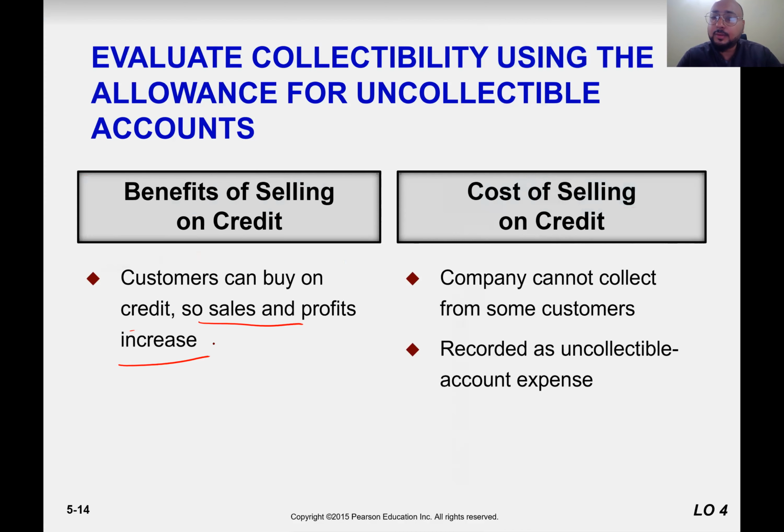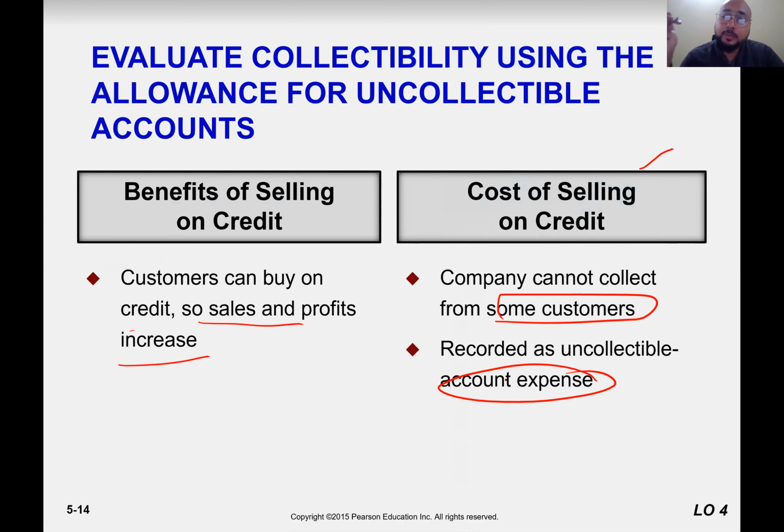So what is the cost? What are the flaws or drawbacks of selling on credit? Number one, the company cannot get collection from some customers. Some customers may go bankrupt or refuse to pay whatsoever. In that case, it is an expense.